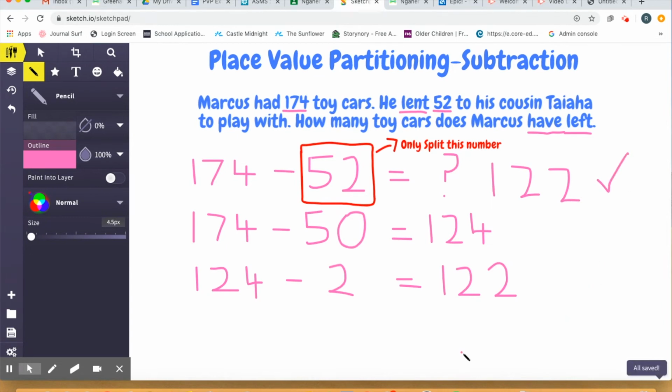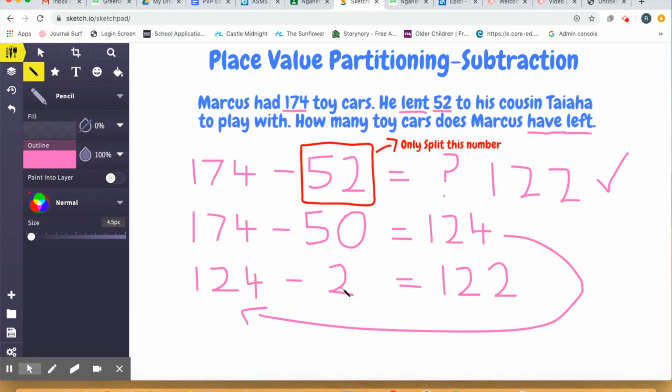Again, the big difference is that you are only splitting the number that you are taking away for subtraction. Addition, you are splitting both numbers. Subtraction, you are splitting only the number that you take away. The key thing also is that when you've done your first step, that number drags down to become the next part, which your next number is taken away from.